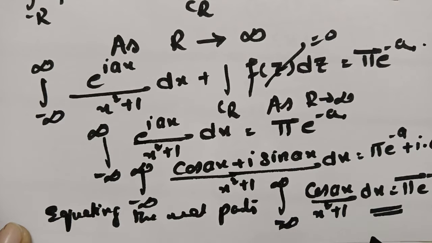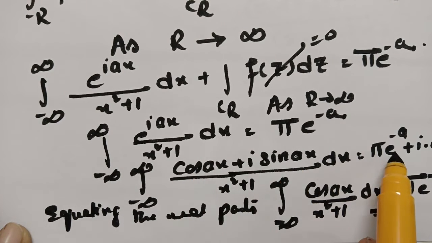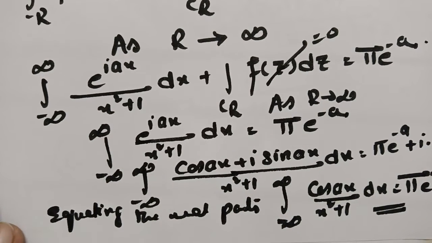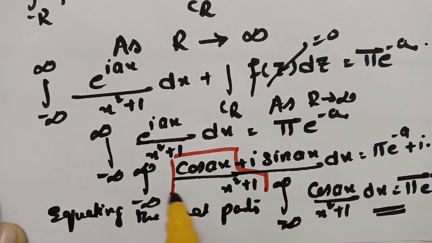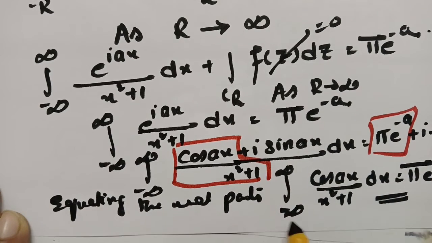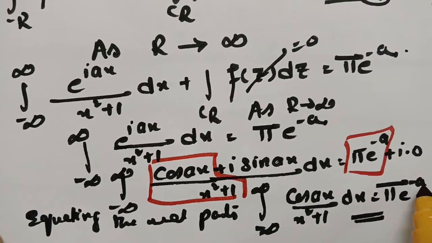So this is how we have to solve, as this is the real part and this is the imaginary part. If I equate the real part from both sides, so this is our real part and this is our real part, then the integral from minus infinity to plus infinity of cos ax by (x² + 1) dx is nothing but π times e^(-a).